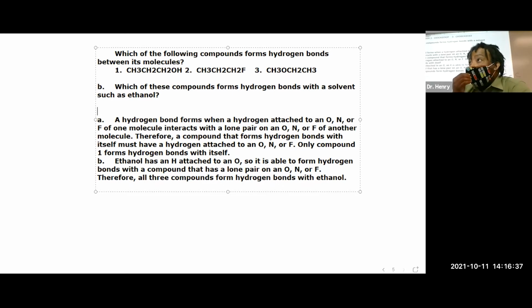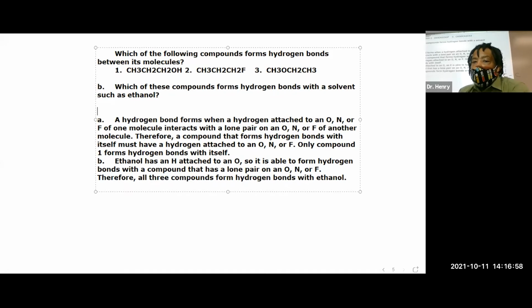Because you just have the fluorine, right? So there's nothing trailing that fluorine that is a hydrogen. So, okay. What about the third one? That's right. So only the first one would be able to.